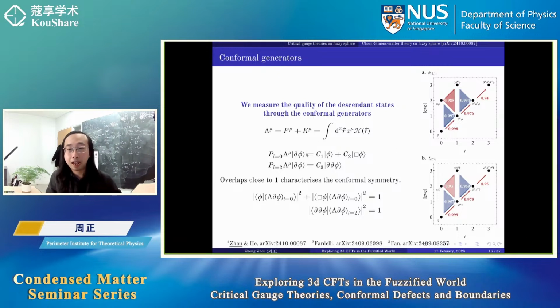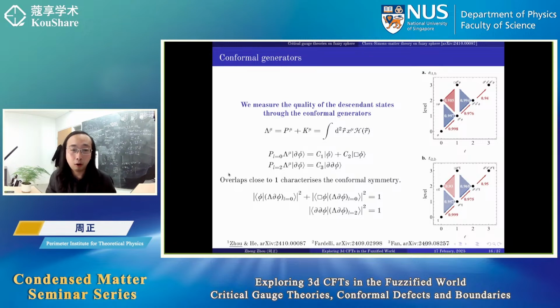For example, if we act on this phi state, it will give you partial phi, and if you act on the partial phi states, it will either give you the spin 0 component of phi and Laplacian phi, or the spin 2 component of partial mu phi.